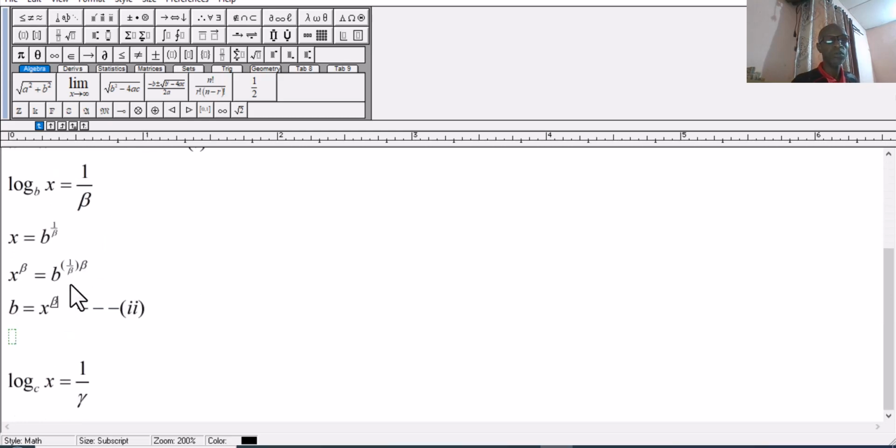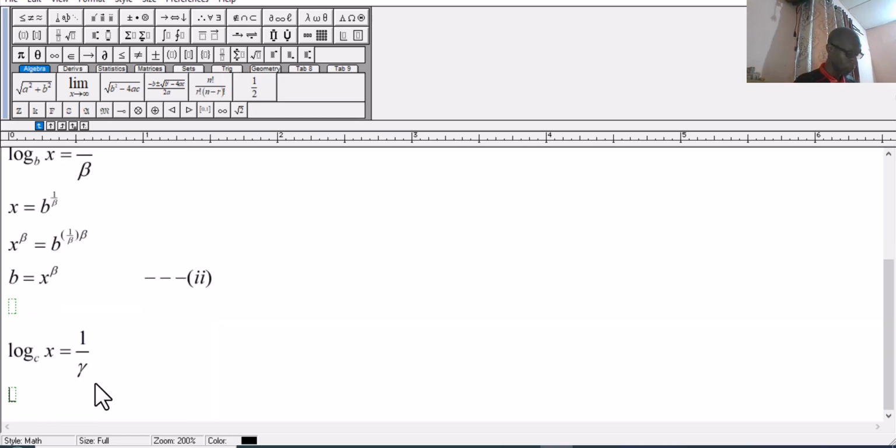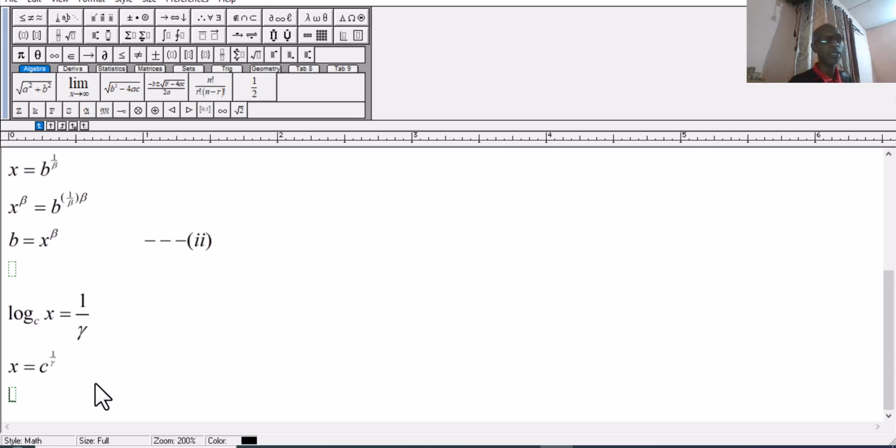I just want you to see the whole process. Now we move to the last one. Let's express it in index form. x is equal to c raised to the power of 1 over gamma. To get our c, we raise both sides to the power of gamma.